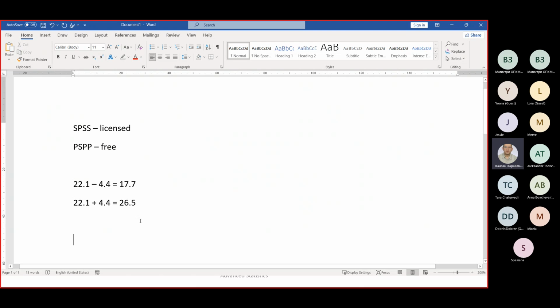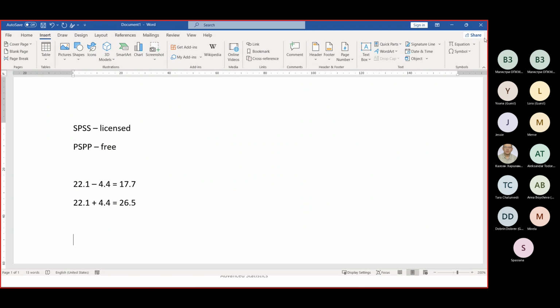So I can write here that all values which are less than or equal to 17 show below the norm. All values between 18 and 26 show in the norm.